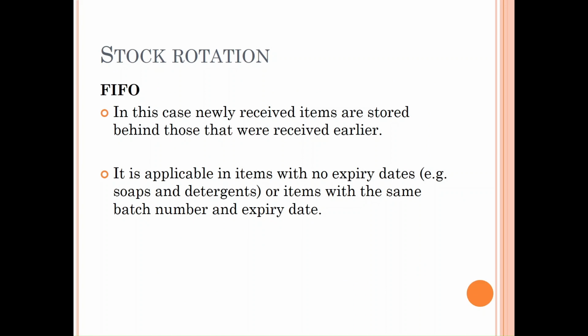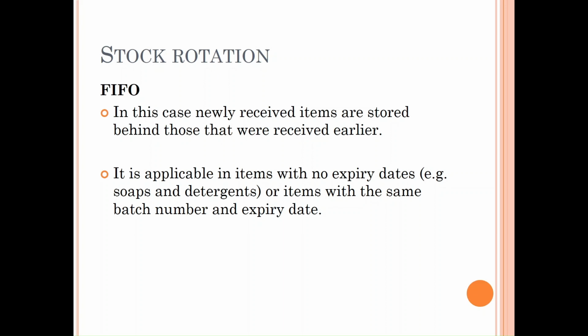Okay, so FIFO, in this case, newly received items are stored behind those that were received earlier. This is applicable to items with no expiry dates, for example, soaps and detergents. Okay? Though some soaps can also have expiries.